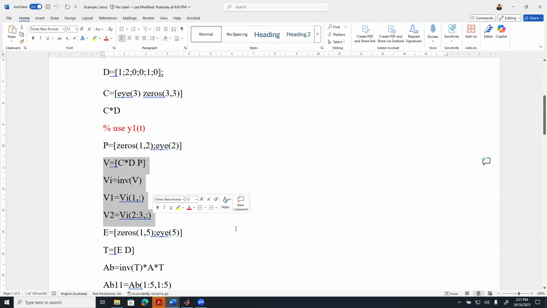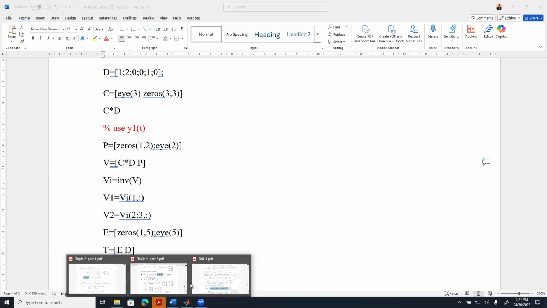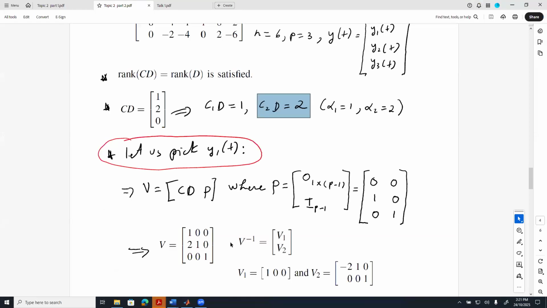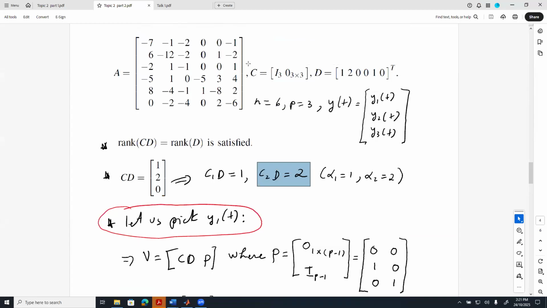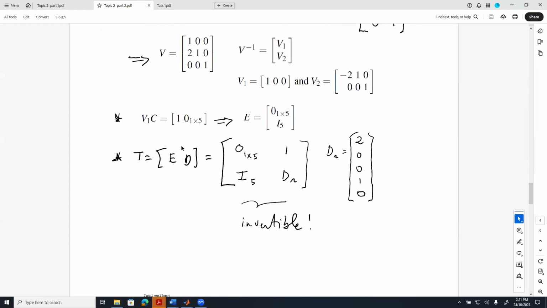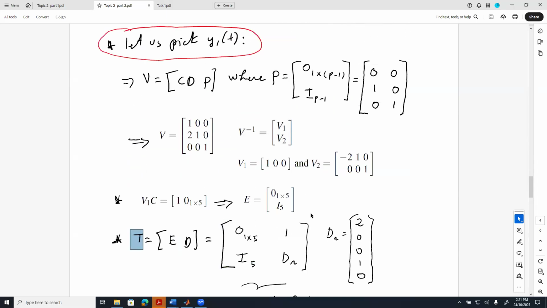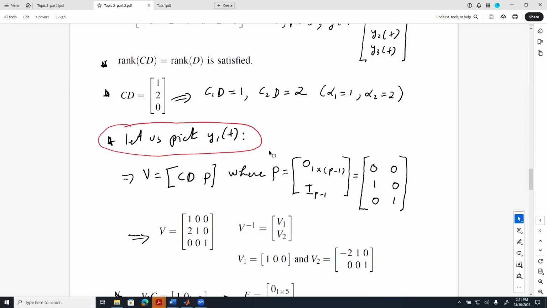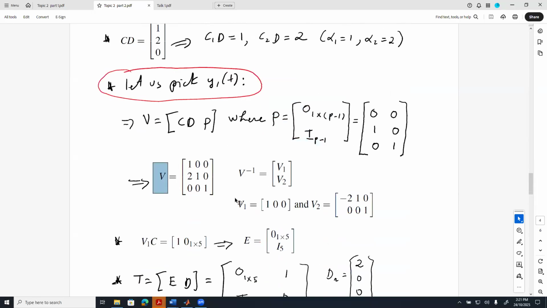And because here matrix C is in canonical form, and we pick the first output measurement, we select matrix E to be in this form. And of course, when you look at it, matrix T is invertible. So we follow the process, we pick matrix P, and then we obtain matrix V, and then we work out the inverse of V, and we get V1.